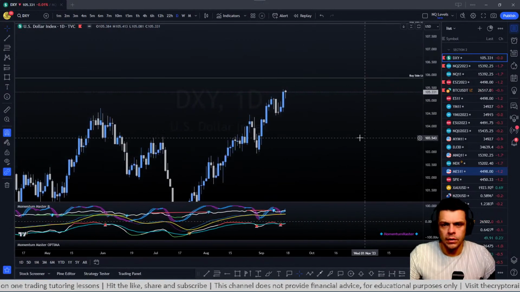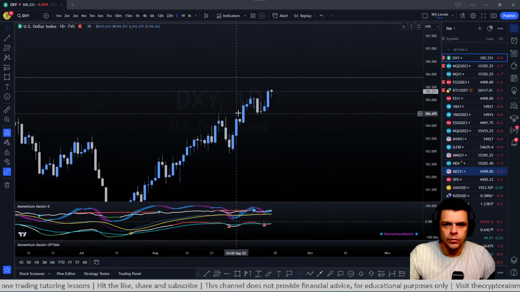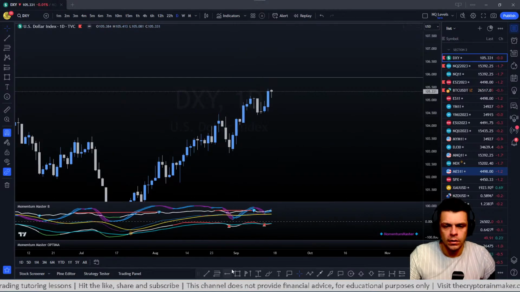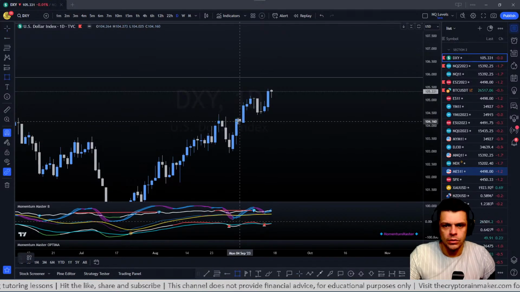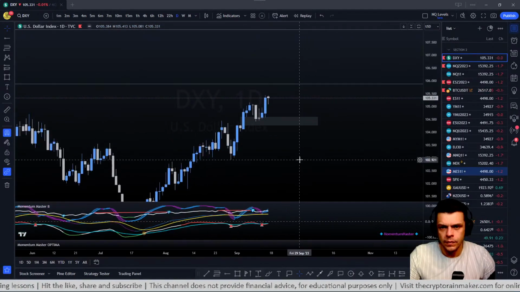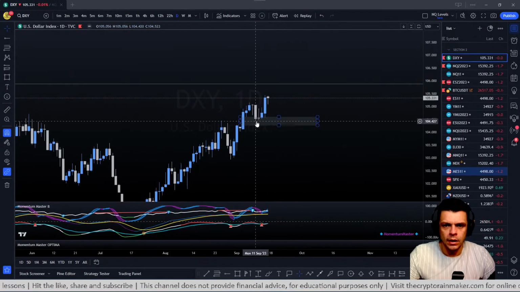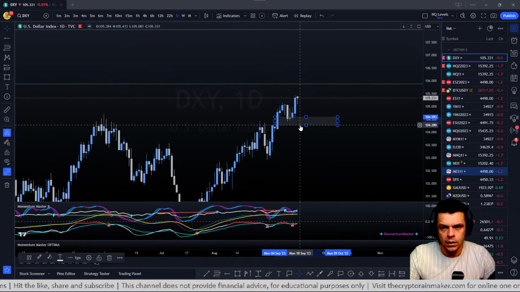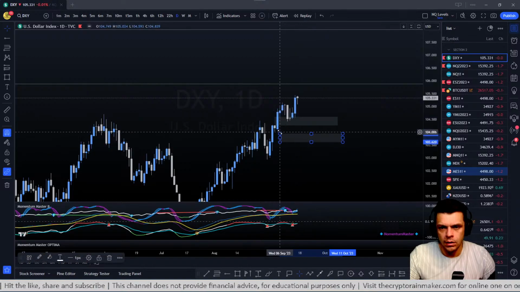Okay, so earlier in the week, we identified these imbalances right here. We had one right there and one right there. So my initial projection was potentially a move down into this fair value gap, which did not happen. It came into this one, touched the midpoint of that fair value gap, and then started to move away. So this one right here is still unclaimed.